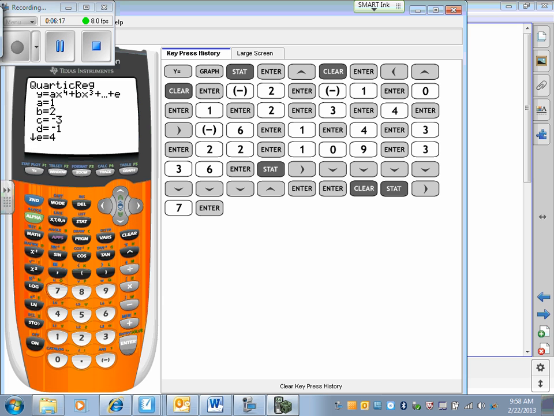Oh, there we go. Okay, so notice you guys, this little dot dot dot means it just doesn't all fit there. So what you're going to do is just go ahead and write it in as if it was all there.